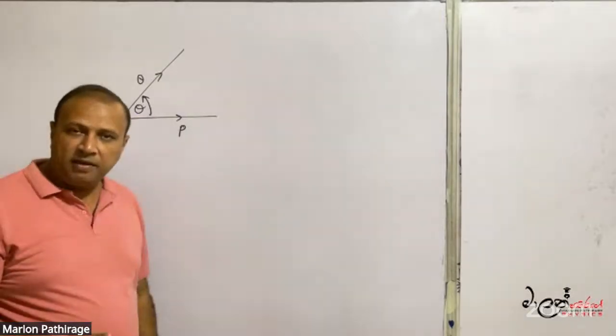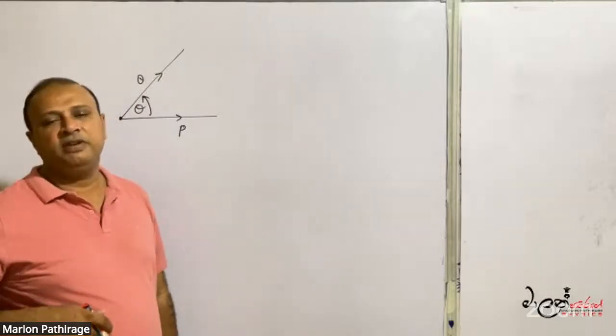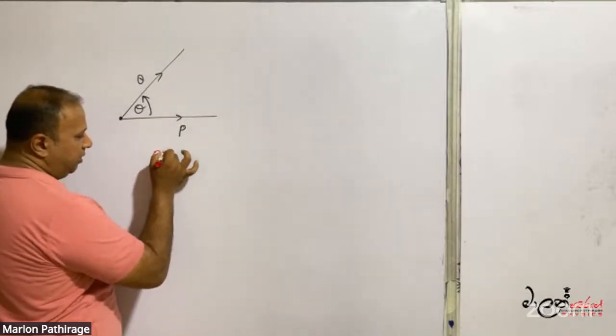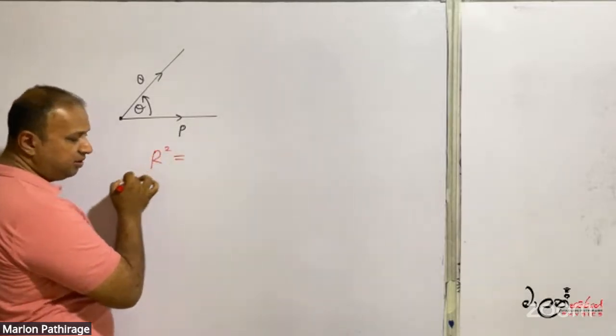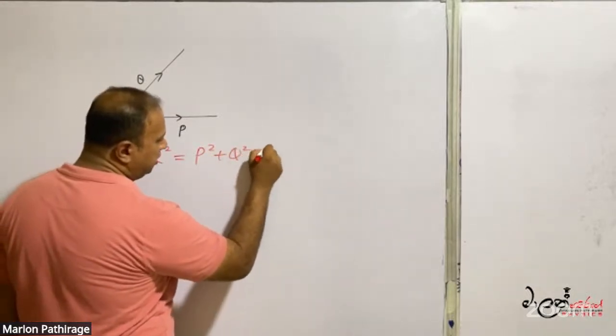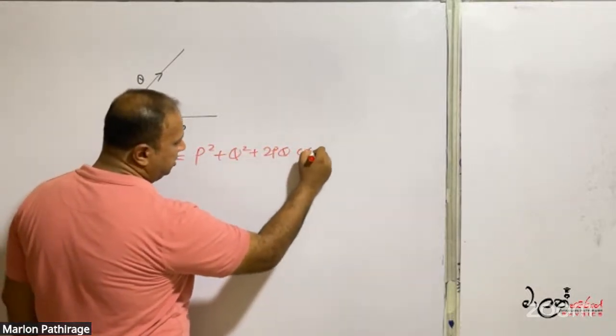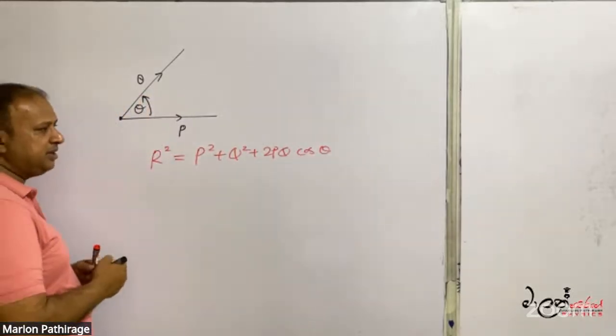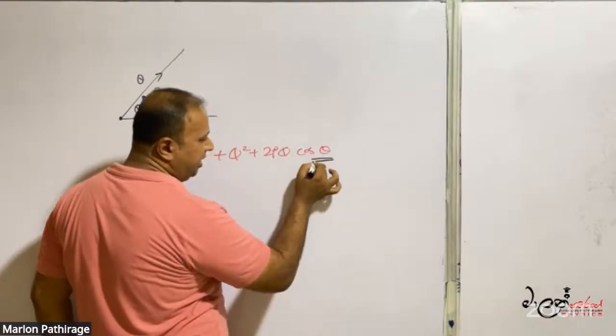So when we were deriving the resultant vector, actually we have this relationship: R squared is equal to P squared plus Q squared plus 2PQ cos theta. Put it here, there's an angle. Here there's an angle.